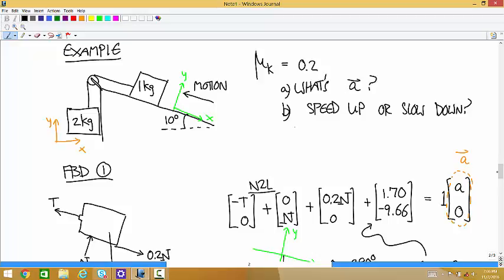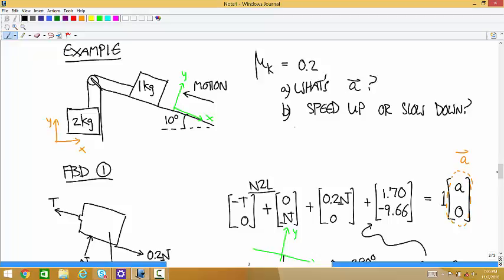So when you go to the hanging one, you have to think about it like this. If that variable A is positive, so if this is 5, what's the acceleration going to be of the hanging mass?